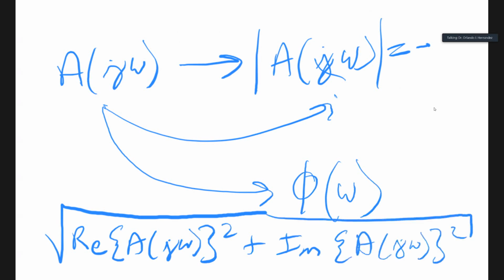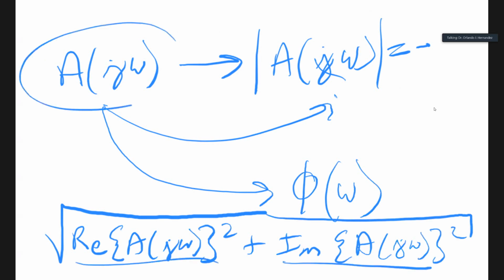And to be able to separate the imaginary and the real part, you have to do quite a bit of algebra on that. Okay? Did that help? Yeah, it did. So if you find yourself doing a lot of algebra to do that, don't be surprised. It is what it takes. Okay?